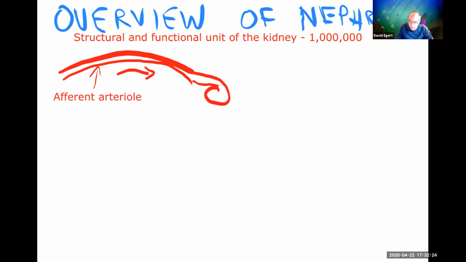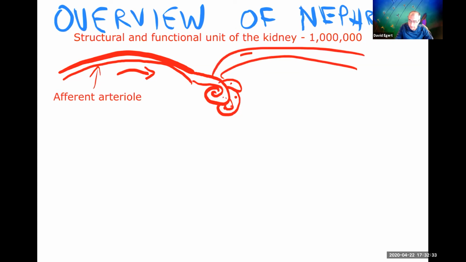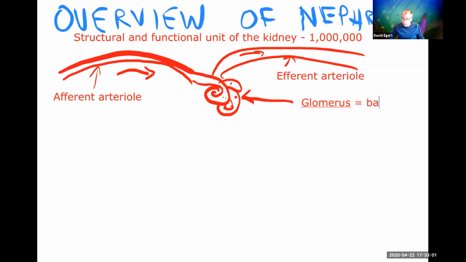It goes into this little ball of super leaky capillaries called the glomerulus, and then continues on to become the efferent arteriole here. Efferent, remember, means leaving. And this thing is called the glomerulus. Glomerulus means little ball, and this is a little ball of fenestrated capillaries.